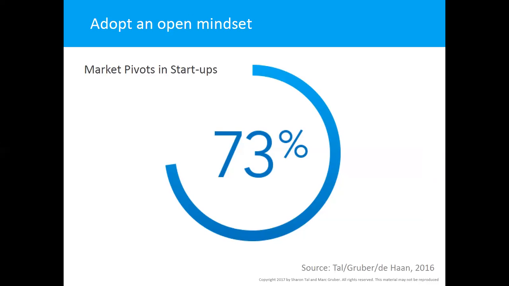But in our studies that focus on startups, we've seen that 73% of these companies change their market focus in the first 3 years. So keeping an open mindset is actually critical for their success. So the framework that gives you a wide lens perspective allows you to keep in mind different directions for the future and develop this cognitive flexibility and open mindset.